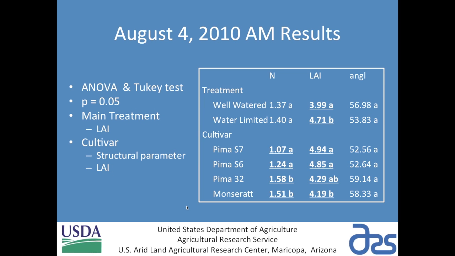Then what we can do is some very routine ANOVA and multiple comparisons tests on our resulting trait estimates that we're getting through our model optimization. Here I'm showing statistically significant differences in LAI between our well-watered and water-limited conditions for the August 4th, 2010 AM date.